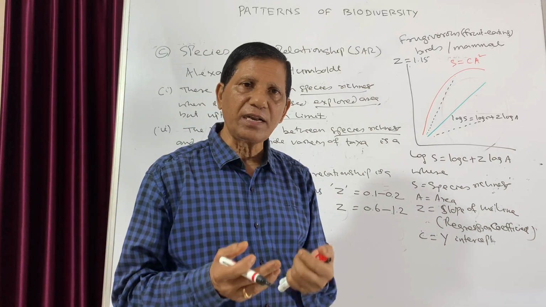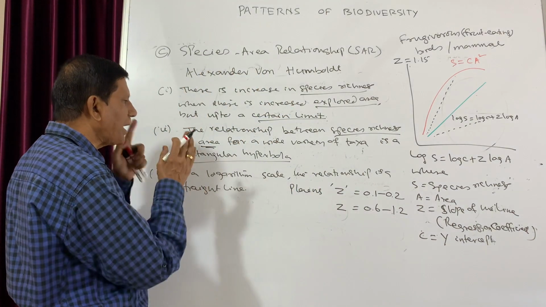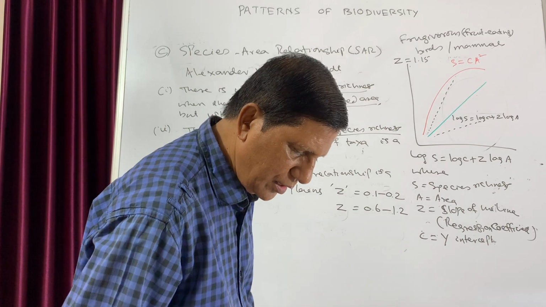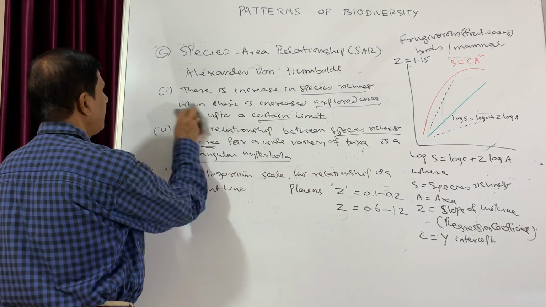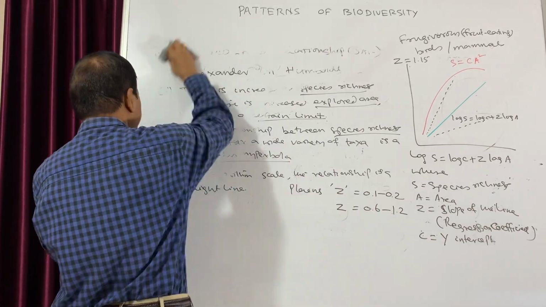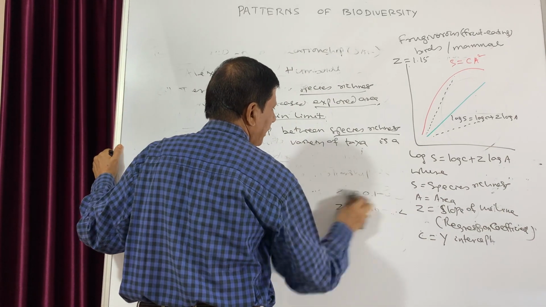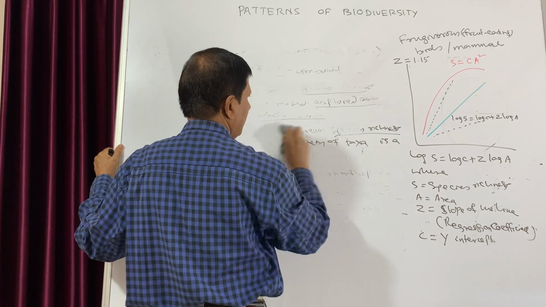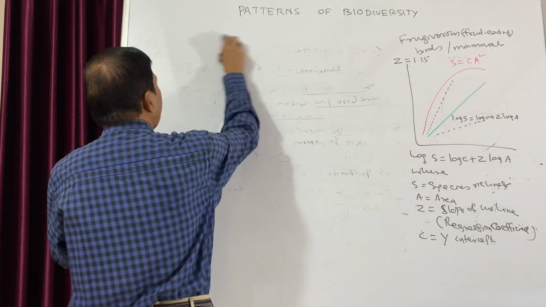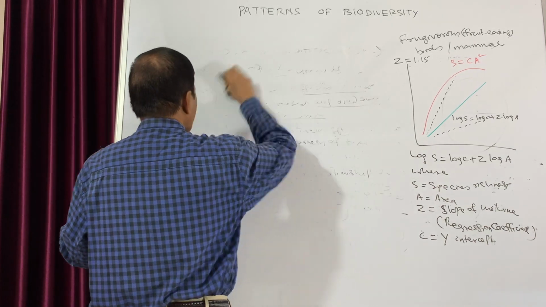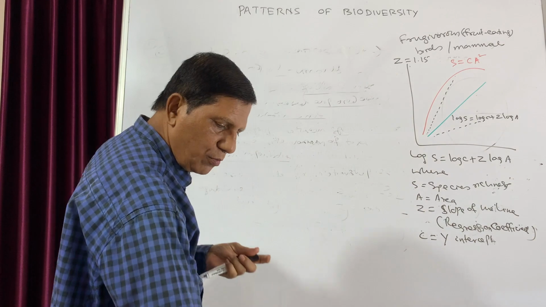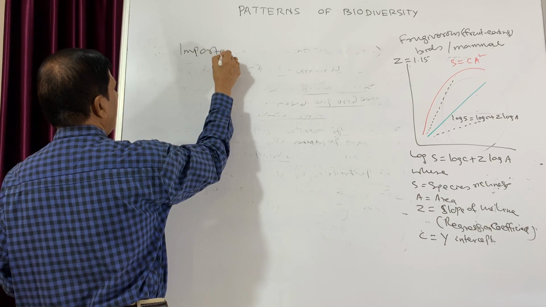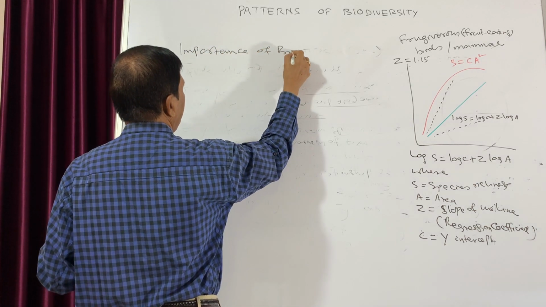Now the next question that comes to our mind is, what is the importance of biodiversity to the ecosystem? Now we'll discuss that part. Whatever may be the type of species, small or big, it plays some role in the ecosystem.